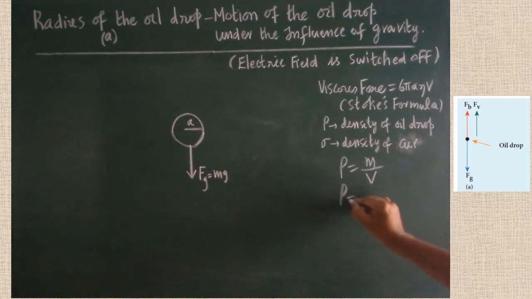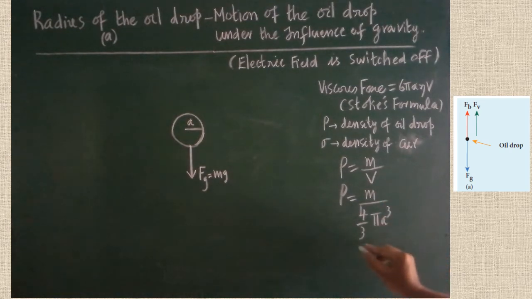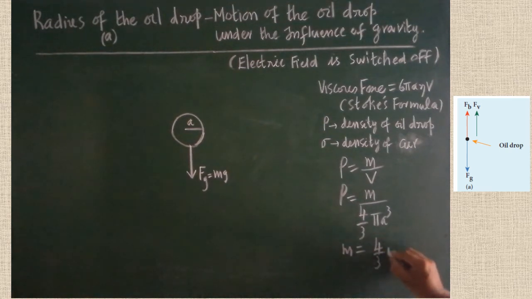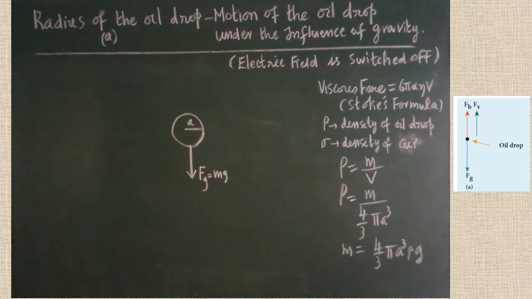So rho is equal to m divided by, since it is spherical in shape, 4/3 pi a cube. Is it clear? This is the expression to calculate the volume. So from this we are able to get the expression for m: m is equal to 4/3 pi a cube rho. So this is the expression for mass.